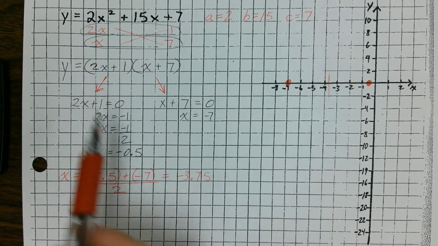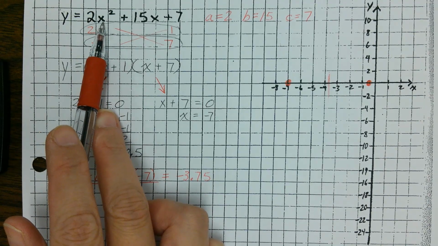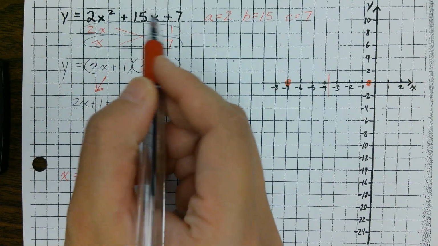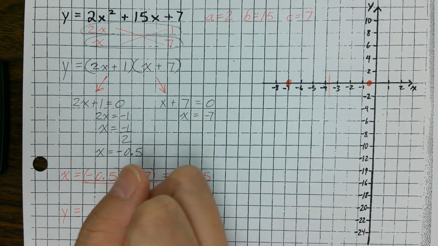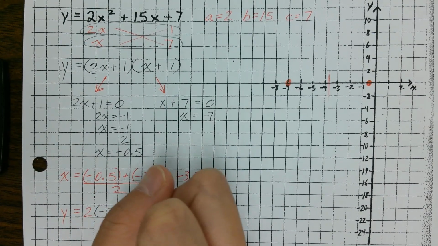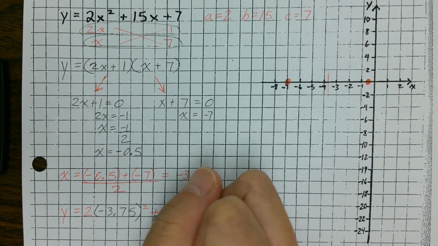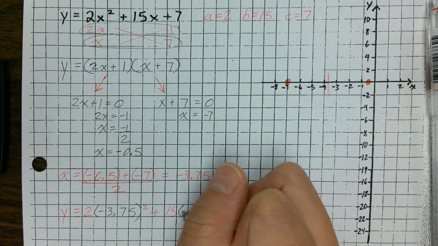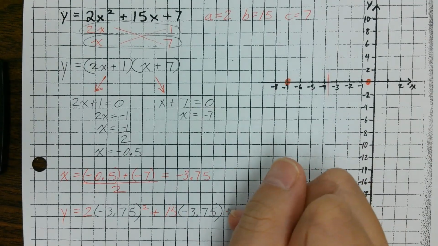Okay, so where exactly? Well, you have an equation that's y equal. So I'm going to substitute that negative 3.75 for x here and for x here. So y equal 2 times negative 3.75 squared plus 15 times negative 3.75 plus 7.